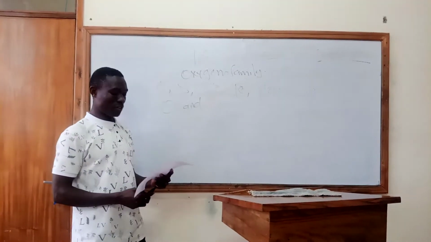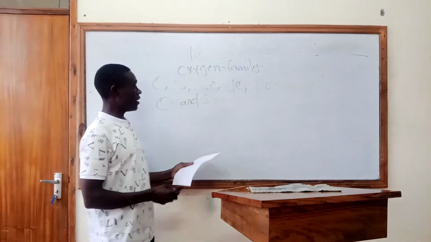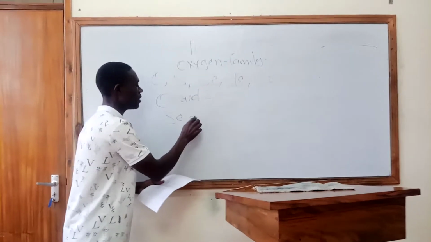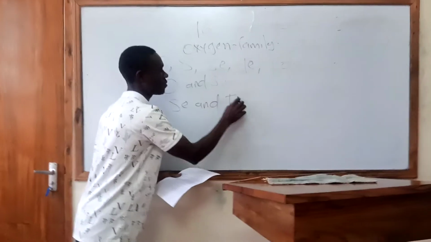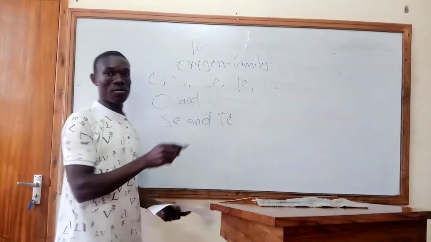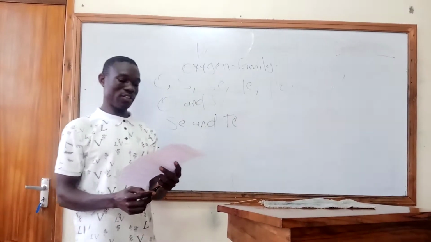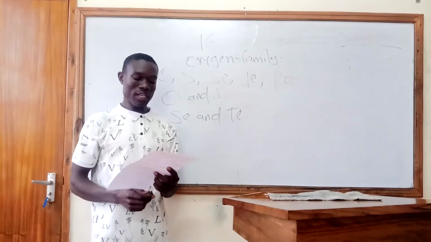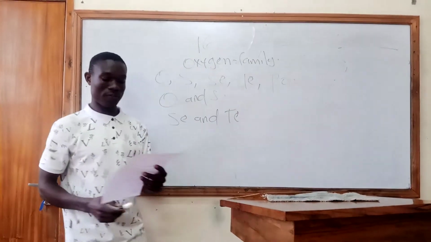Oxygen and sulfur are nonmetals, while selenium and tellurium show weak properties of nonmetals. Is that okay? Yes.